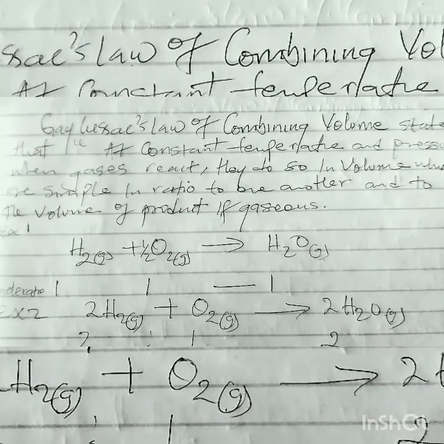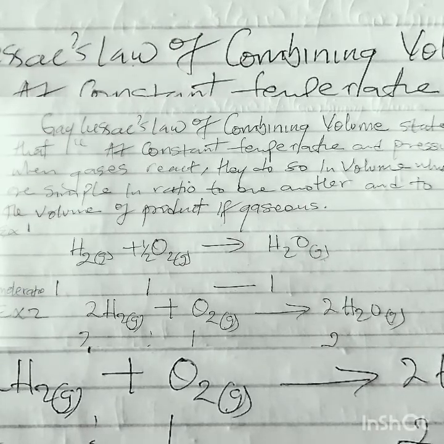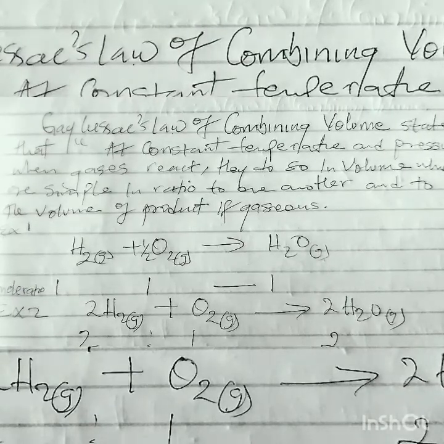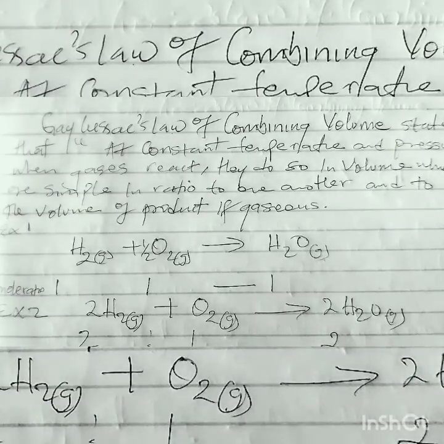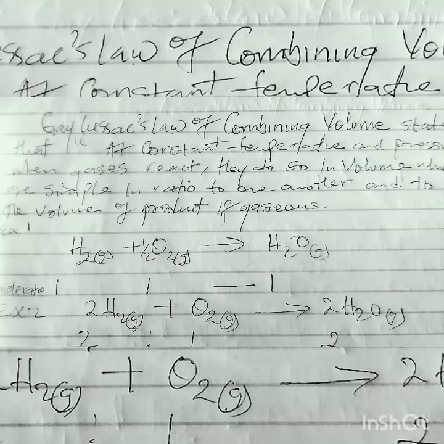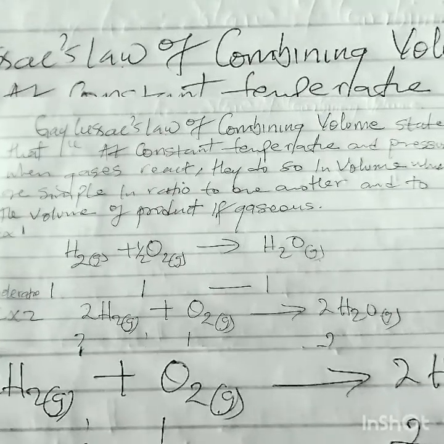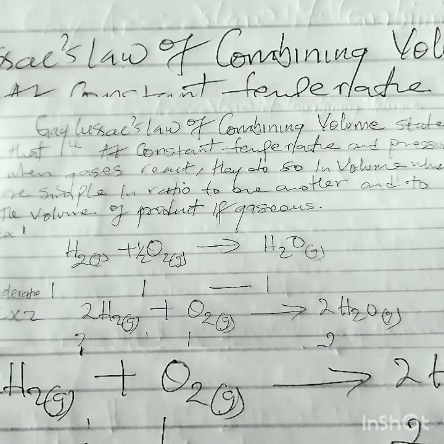We've looked at solids and liquids; now let us look at gases. The same thing applies to gases: when gases combine together, they do so in a very simple ratio, which is equivalent to their volume. So without wasting our time, we go straight to the law.